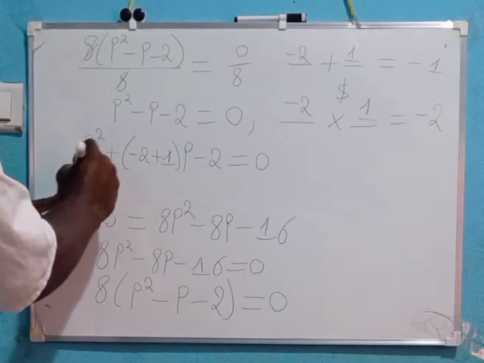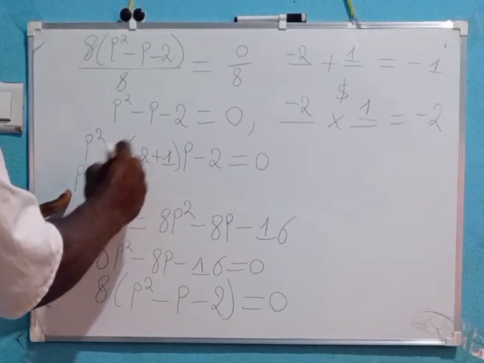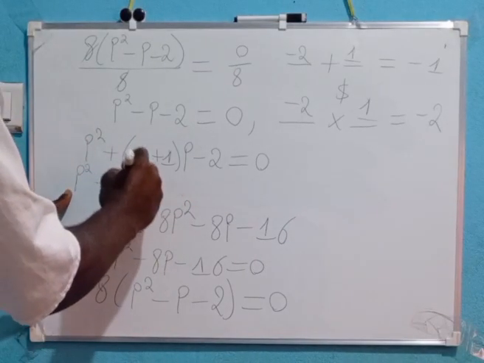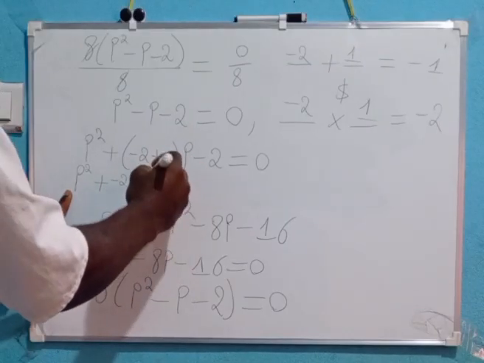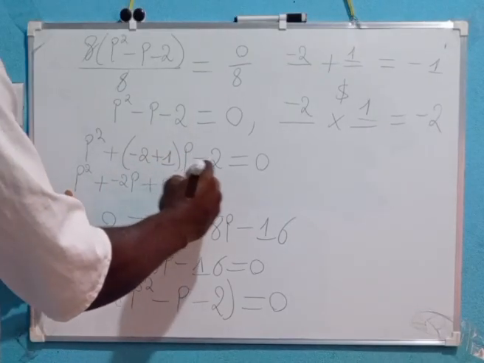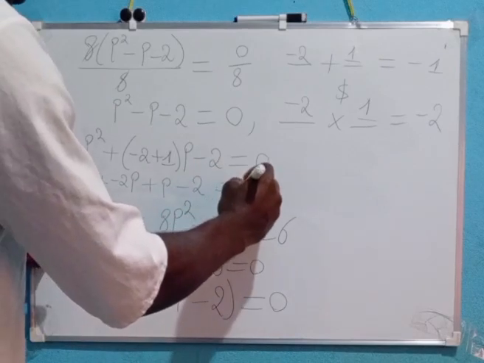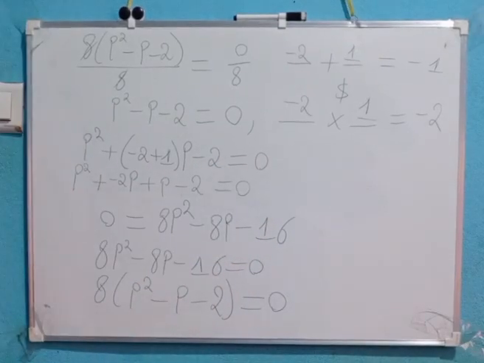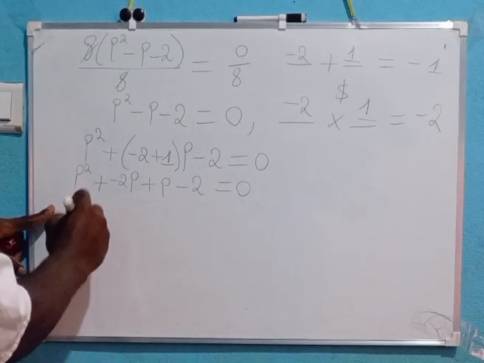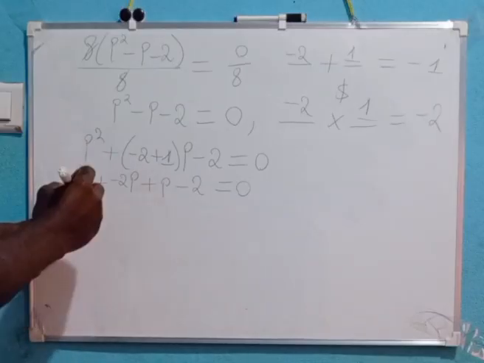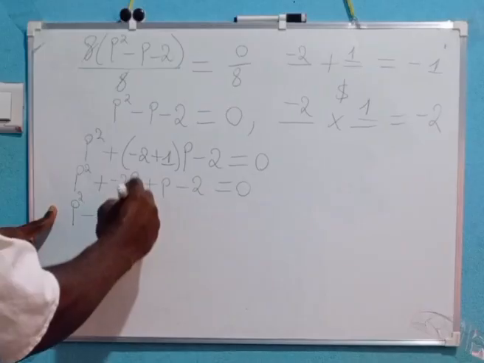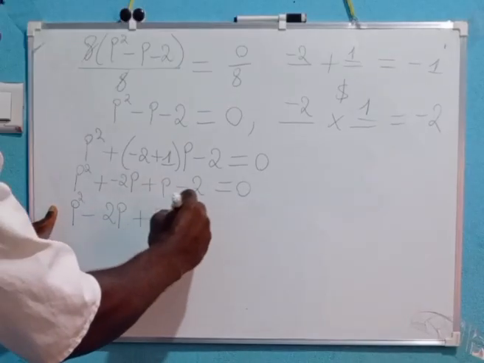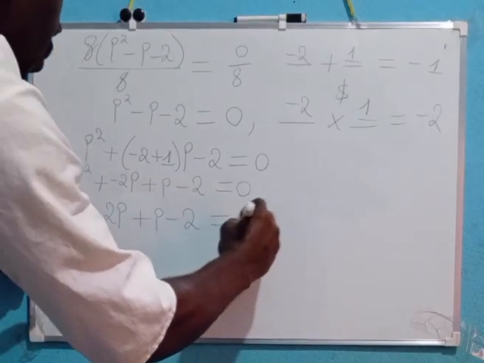This will give us p squared plus negative 2 times p gives us negative 2p plus 1 times p, which is p minus 2 is equal to 0. This will give us p squared, positive, negative, negative stays, minus 2p plus p minus 2 is equal to 0.